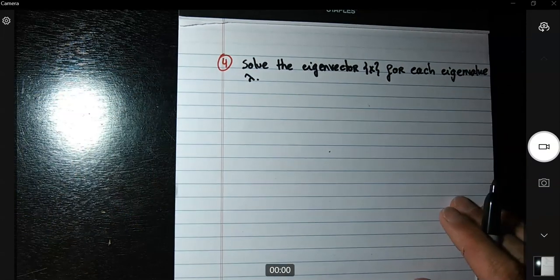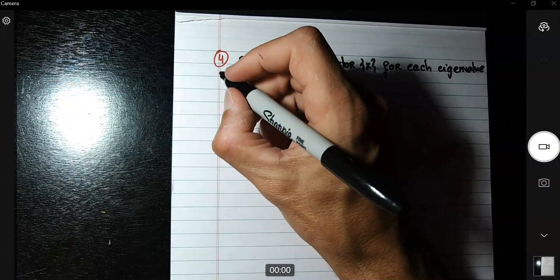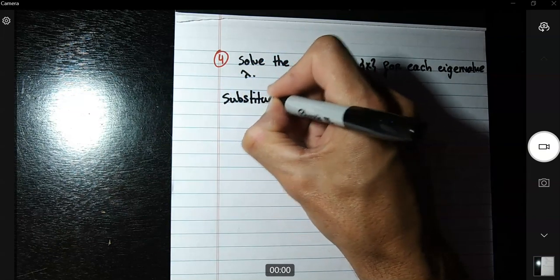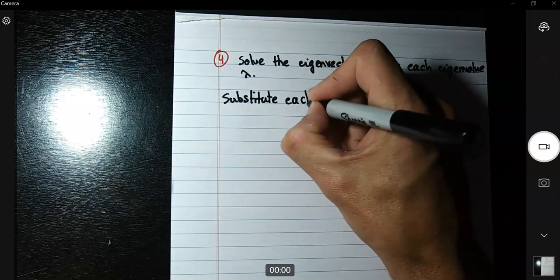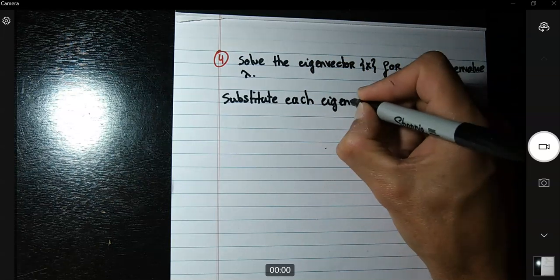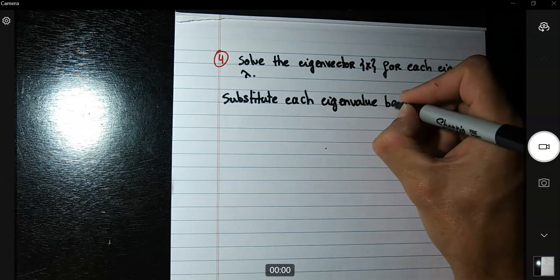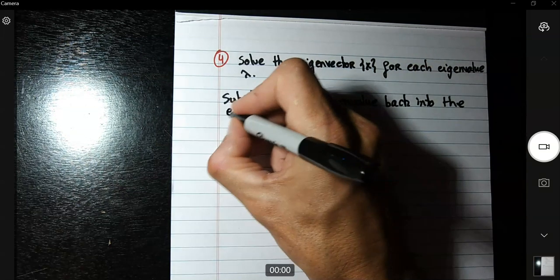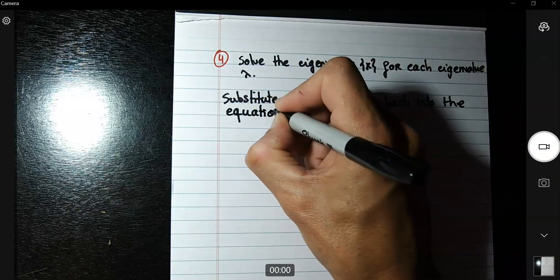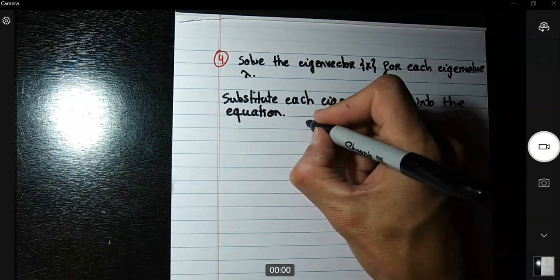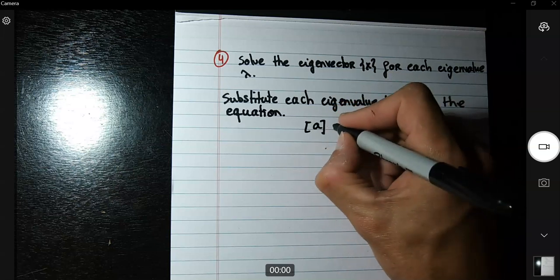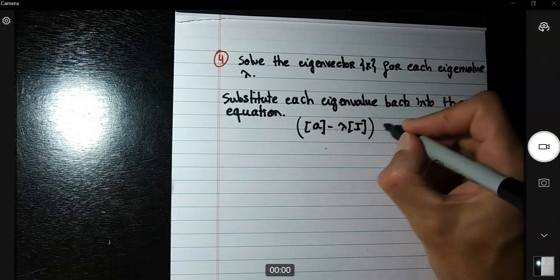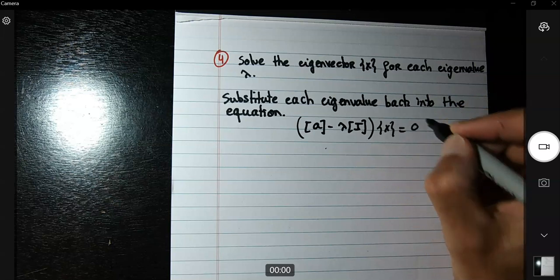Okay, so how do we do that? So what you need to do is substitute each eigenvalue back into the equation. So the equation that we had before, which is A minus lambda times the identity matrix times x equal to 0.